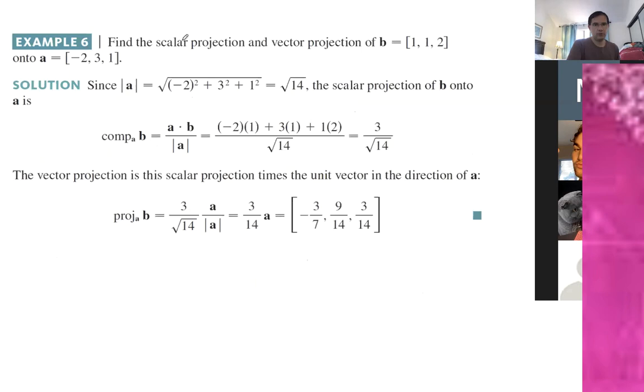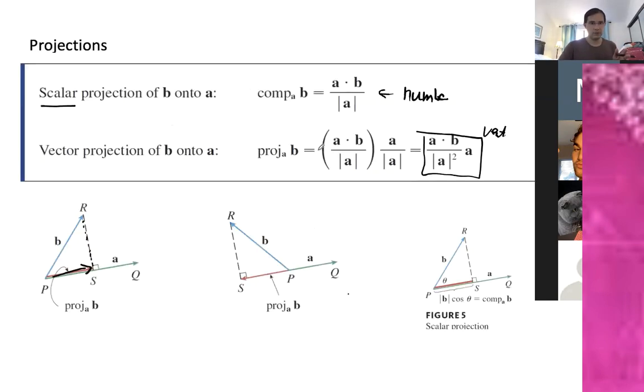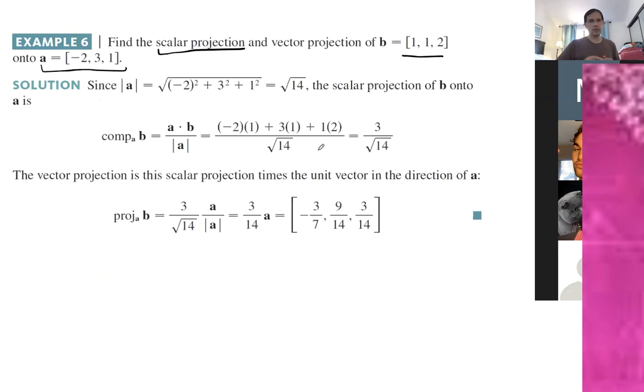Let's say that we want to find the scalar projection as well as the vector projection of this vector onto A. Okay, so we can compute the scalar projection and vector projection following those formulas. Okay, so that's all I want to say about this section.